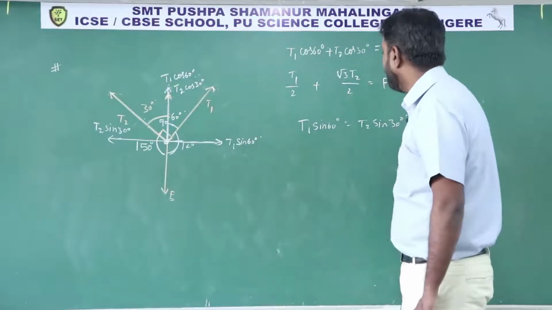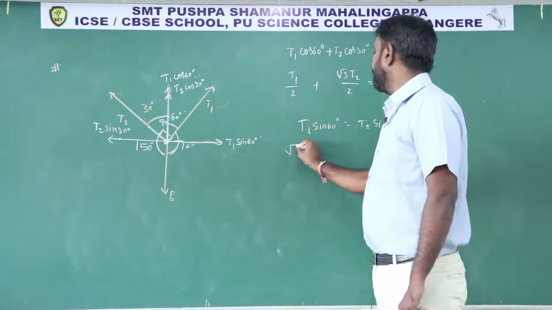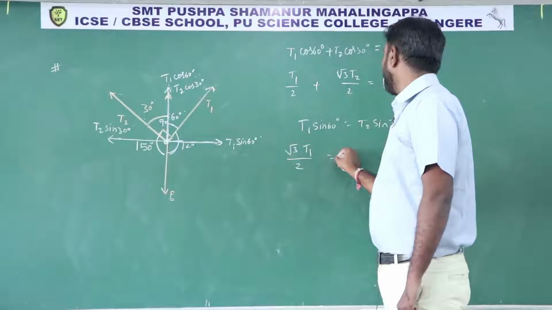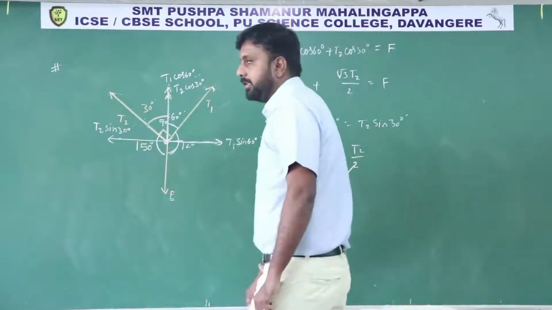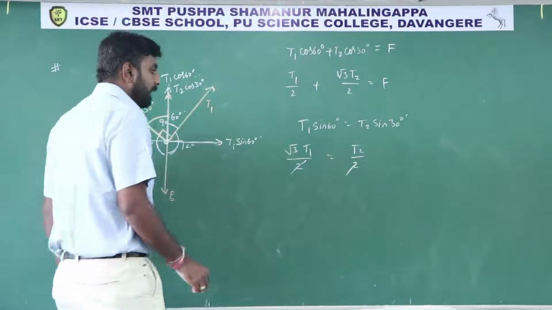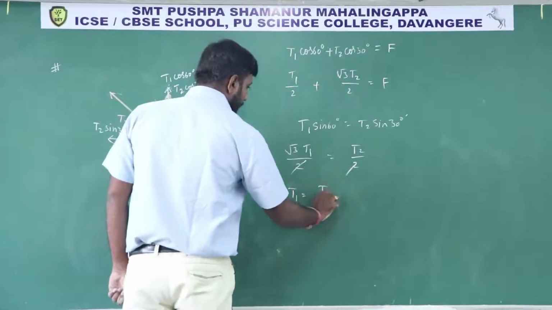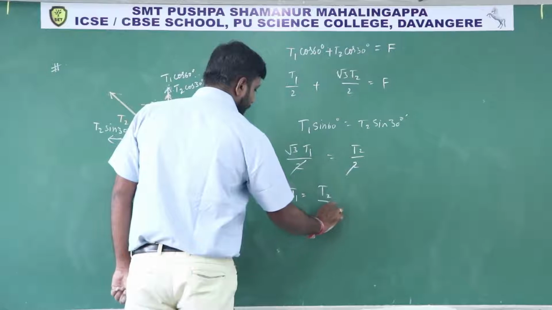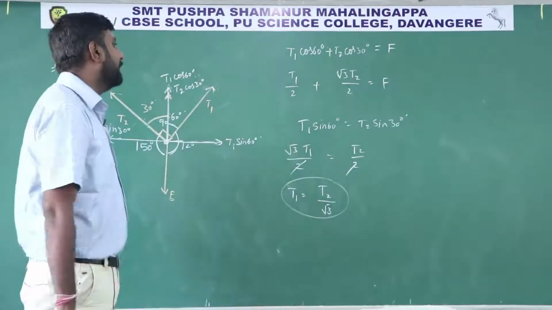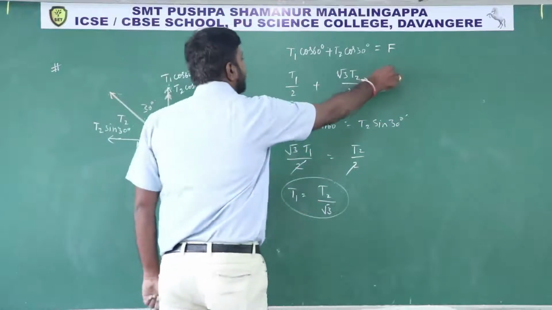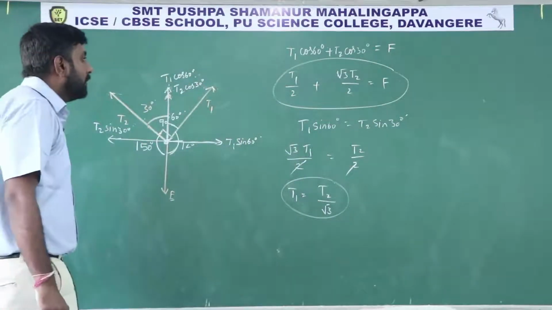Here T1 sin 60, that is T1 root 3 by 2, is equal to T2 by 2. This 2 and 2 will get cancelled. Then I can write T1 equals T2 by root 3. This is the relation, or T2 equals root 3 T1. And here we have F equals T1 by 2 plus root 3 T2 by 2.